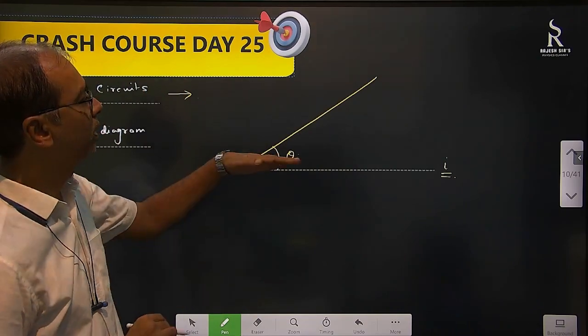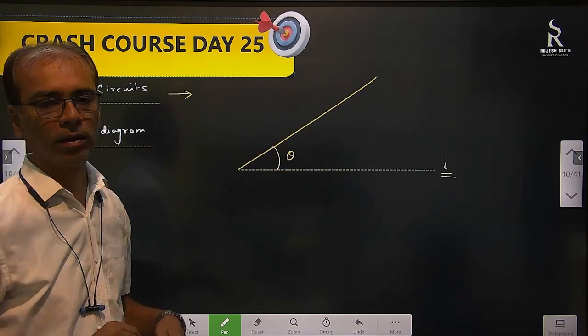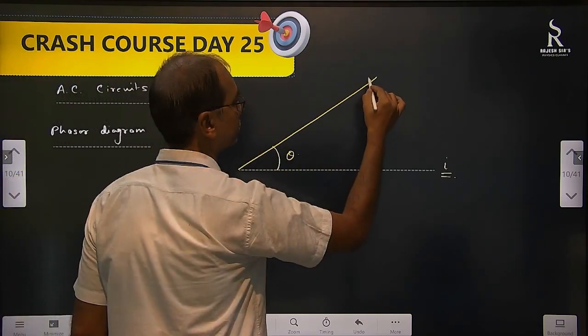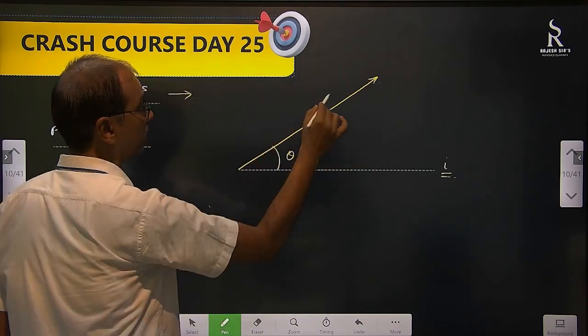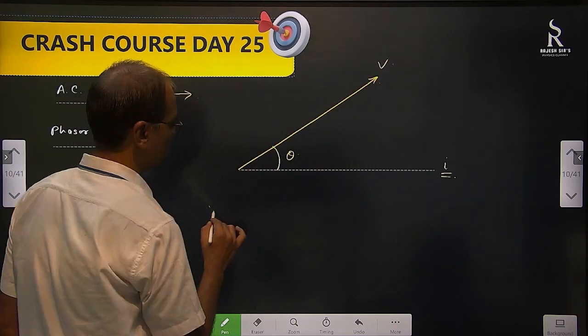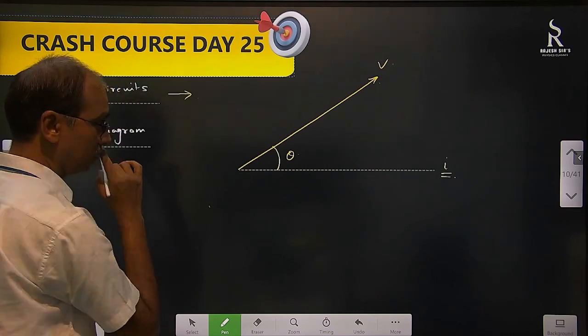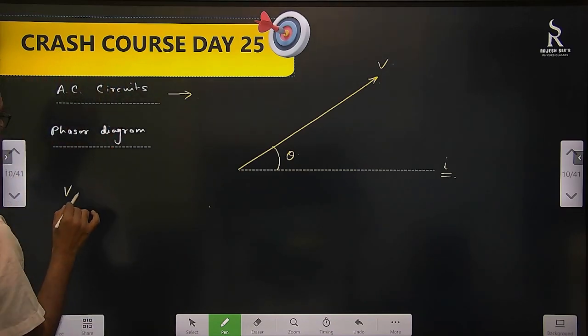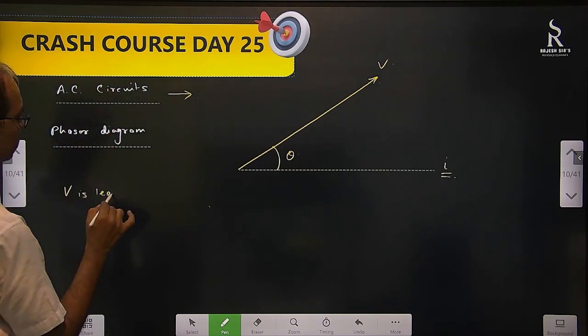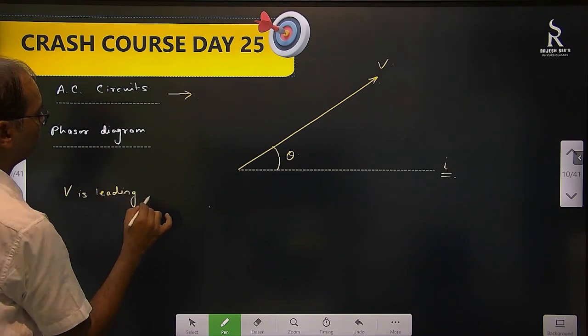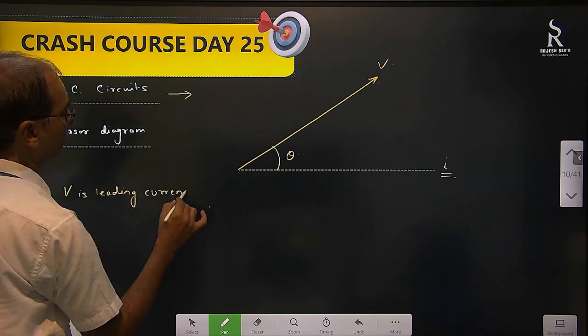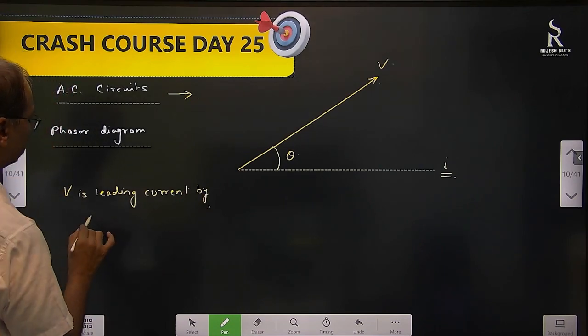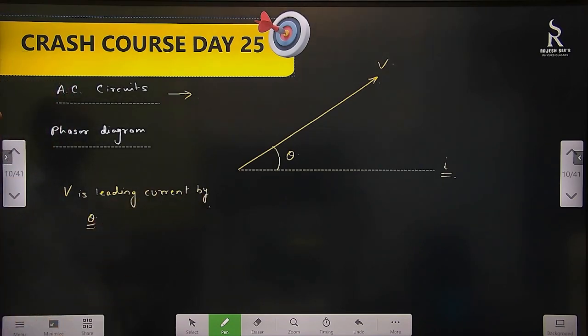We'll say that V is theta degrees ahead of I. V is leading current by theta. A phase difference between V and I is theta.